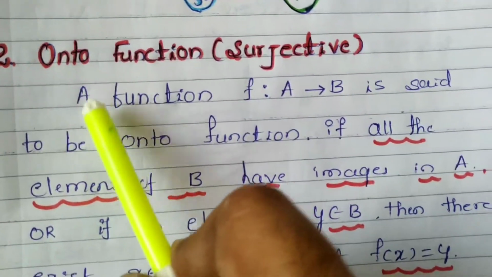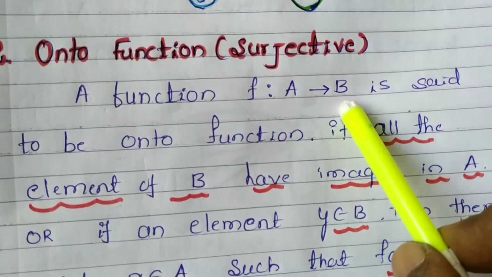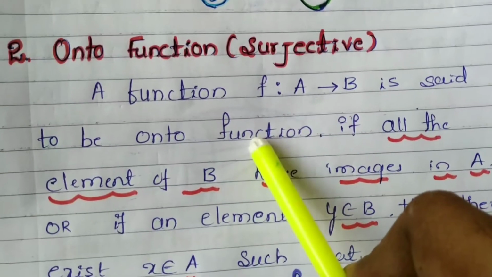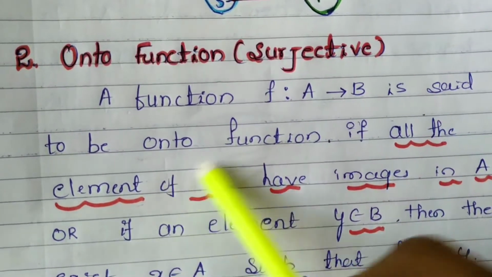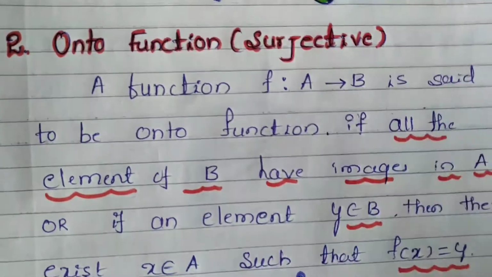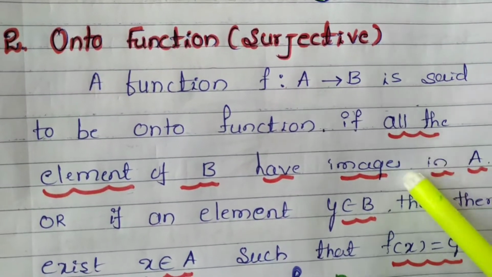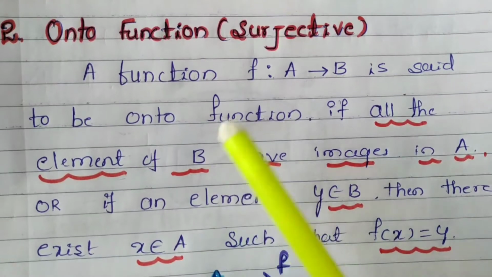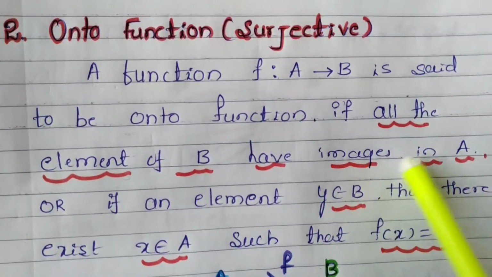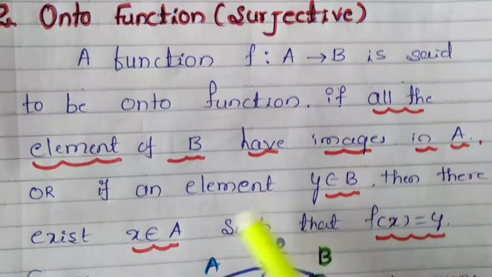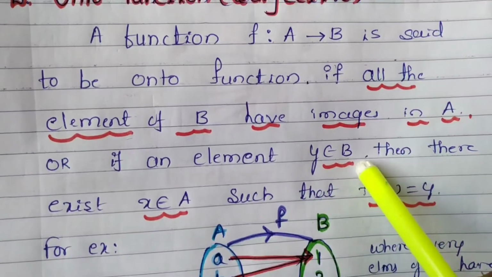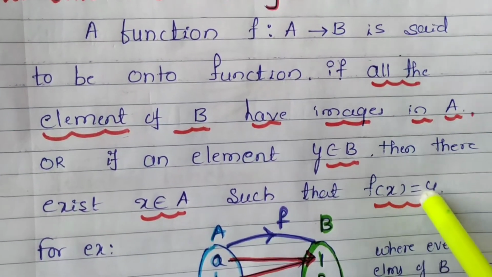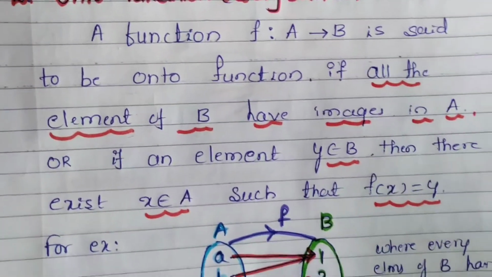Now to take the definition, a function f from A to B is said to be onto or surjective if all the elements of B have images in A. That is, if an element y belongs to B, then there exists x belongs to A such that f of x equals y. This condition has to be satisfied.